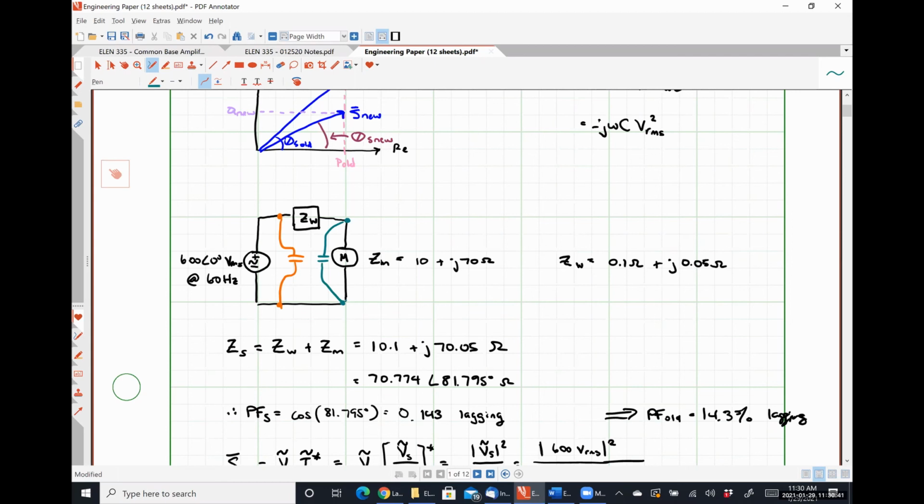And technically, we would need a smaller capacitor if we only considered the motor, right? Because since our transmission line has some associated inductance with it as well, when we place our capacitor in parallel with our voltage source, we are correcting the reactance of the line as well.